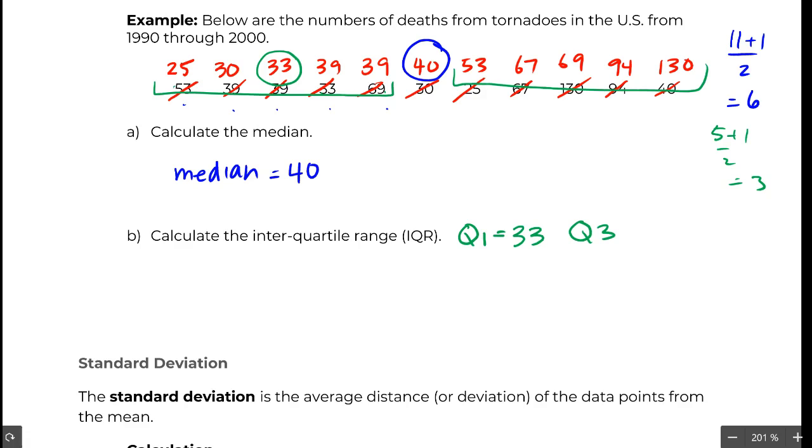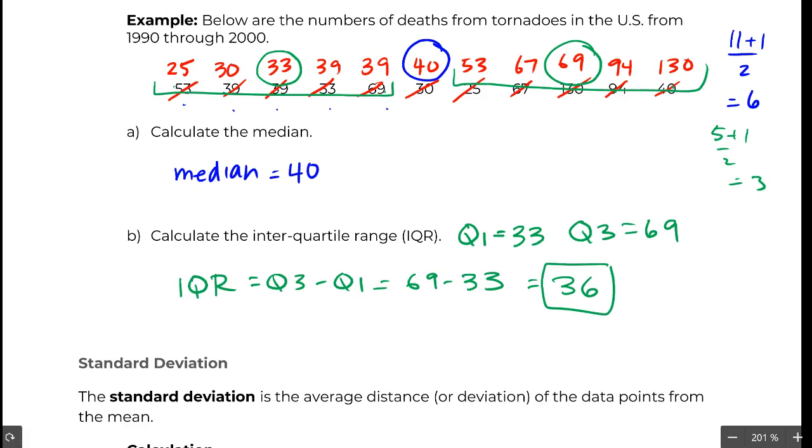Q3, if I had that third, I'm just going to count from the other end. 1, 2, 3. And then IQR is just Q3, I'm still writing it, minus Q1, which is 69 minus 33, or 36. 36 deaths. All right, so those are your examples for IQR.